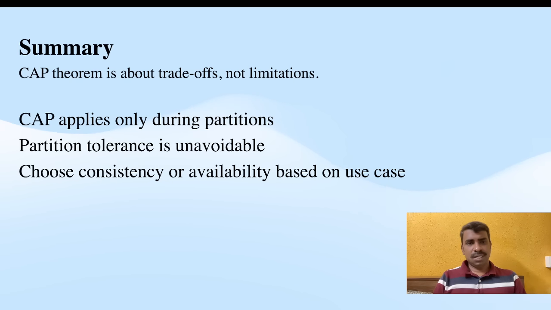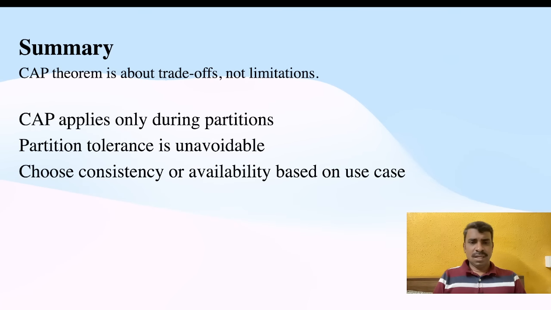So in summary, the CAP theorem is about trade-offs, not limitations. CAP applies only during partitions. Partition tolerance is unavoidable. Choose consistency or availability based on use case. A partition happens occasionally, not very frequently. The CAP theorem is about how the system should behave at that time.